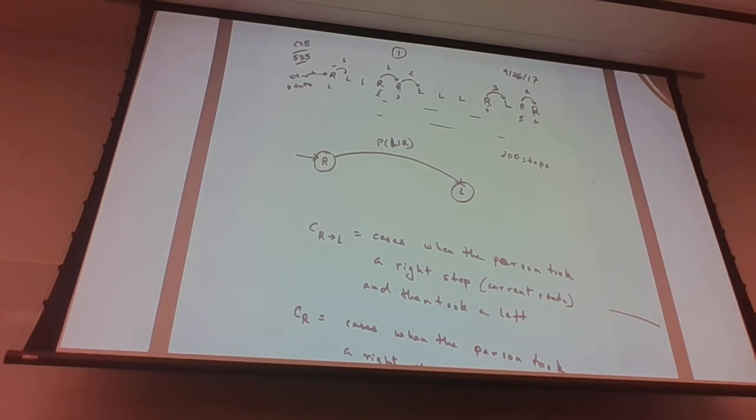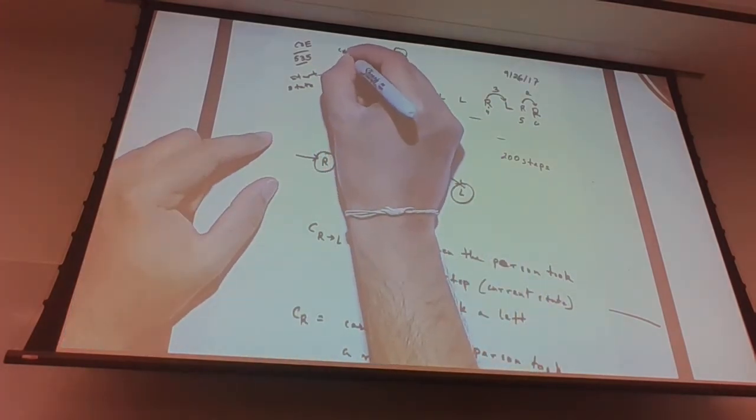Professor, why in step 5 and 6 does it go down from 3 to 2? No, that is not CRL. That is CRR. Yeah, but then there's 2 above the arrow. Wait. So this is CRL.